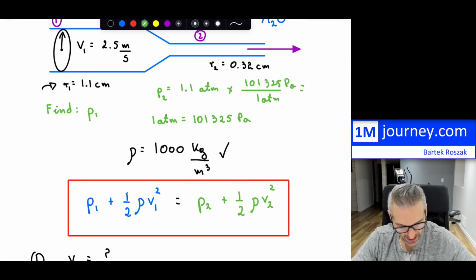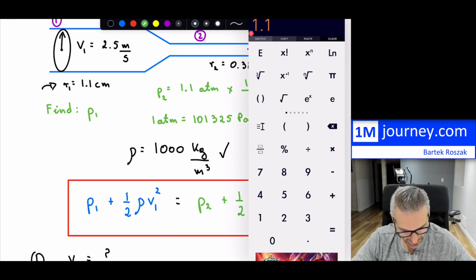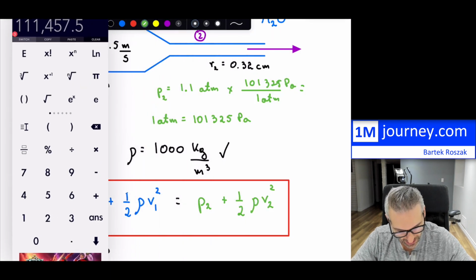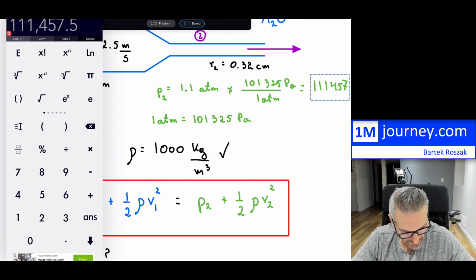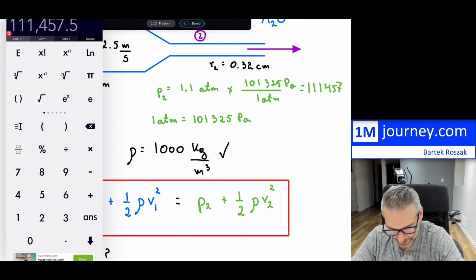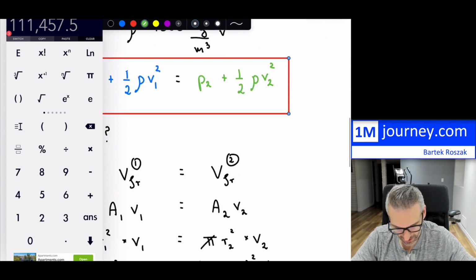So that's going to be 1.1 times 101,325. So that is my pressure. It's quite a bit of pressure in there: 111,457.5, and this is pascals. All right, so now I have my pressure.